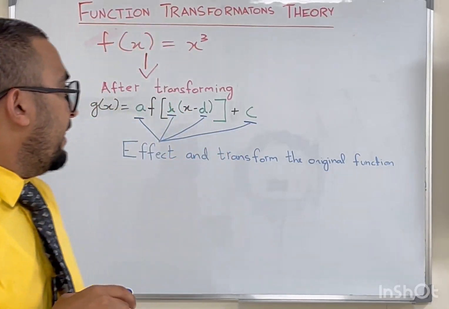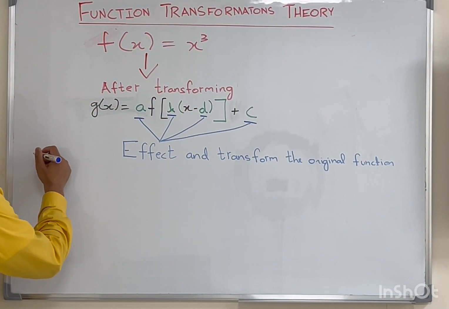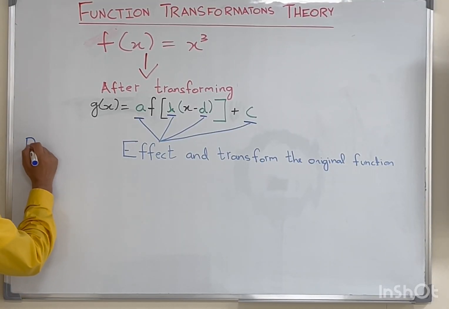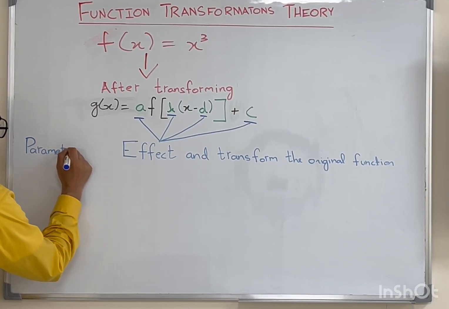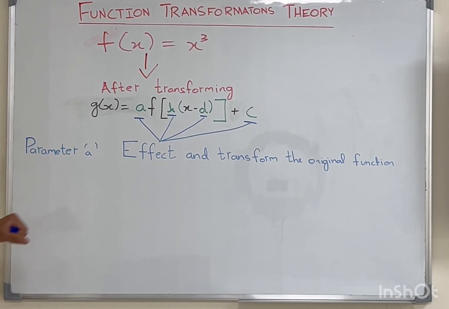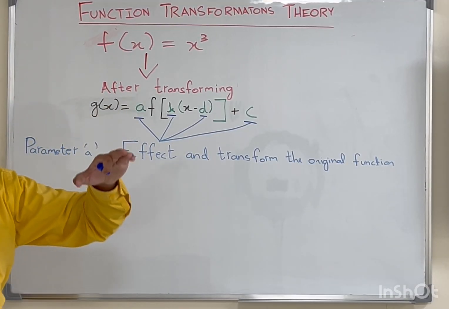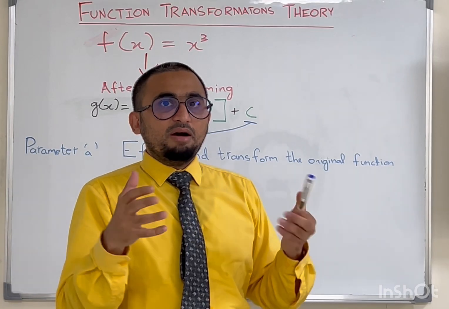Let's look at a. The parameter a, you know, is being multiplied to the output of the function. Now let us see how a affects it.